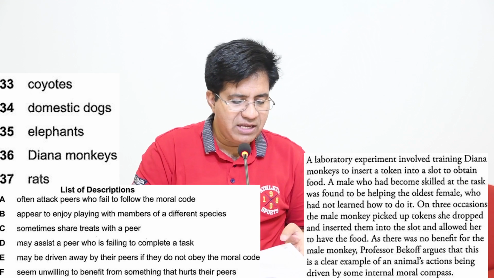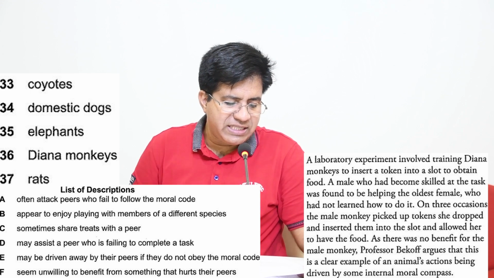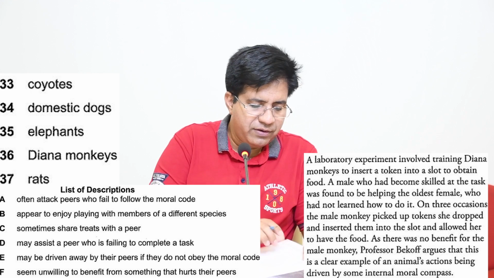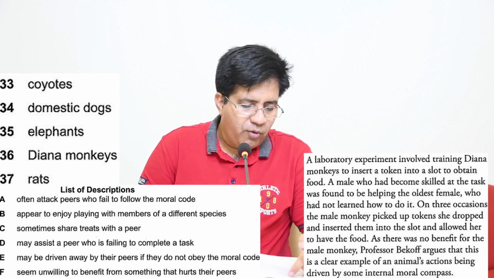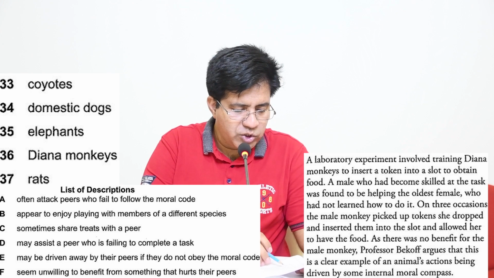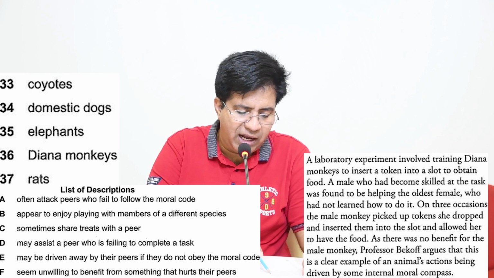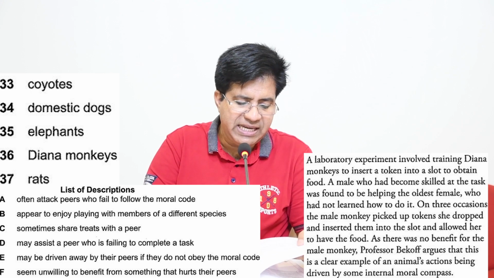Now match something with it. What is D? May assist a peer. What is peer? Oldest female. Right? Oldest female is peer. So it is may assist a peer who is failing to complete a task. What is failing to complete?